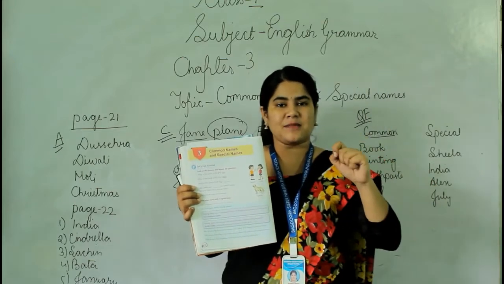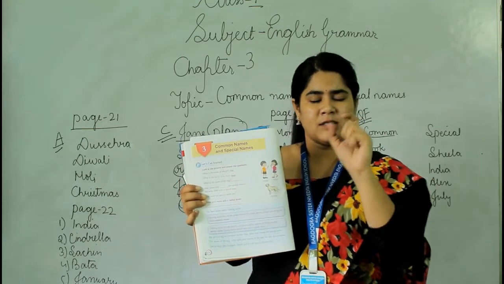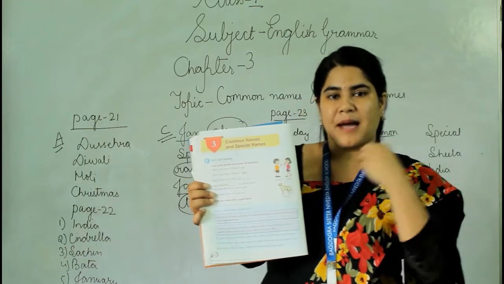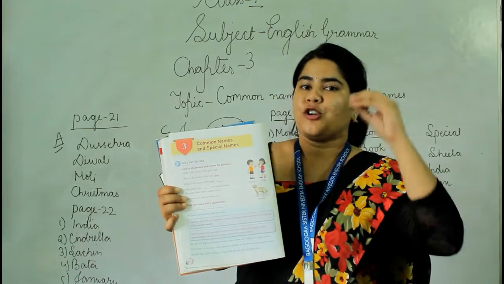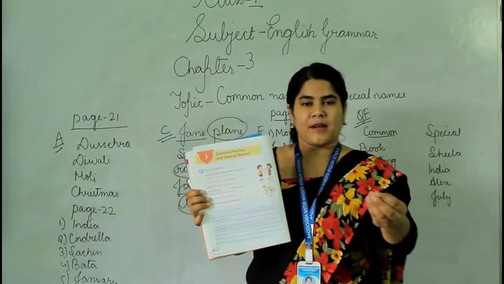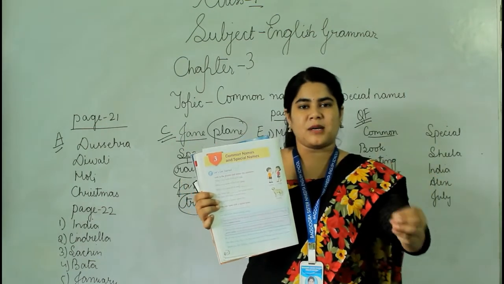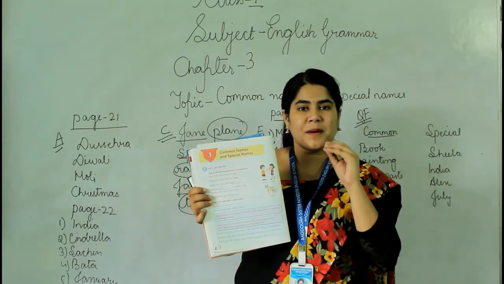But special names are like, let's take an example of mother only. Suppose I have a mother, my mother has some name, your mother also has some name, my father also has some name, your father also has some name. That is what is called a special name.